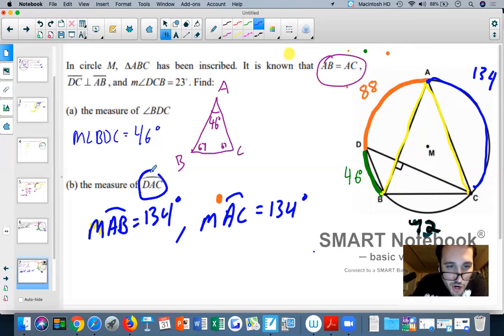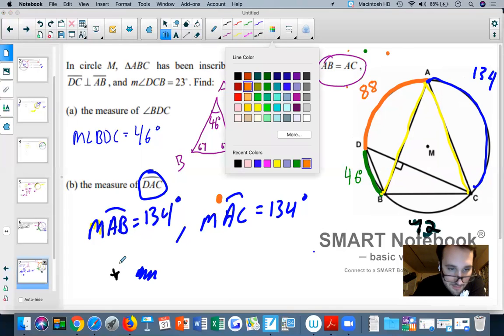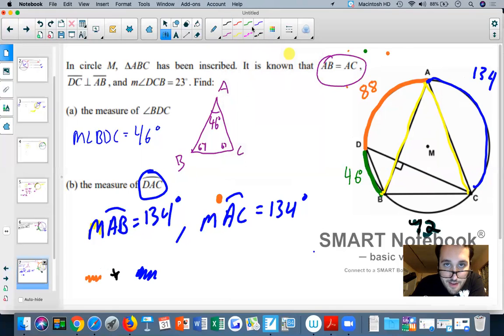But we want to know DAC, so D to A to C. So in other words, it wants us to add the blue piece plus the orange piece, and this should equal the measure of arc DAC.